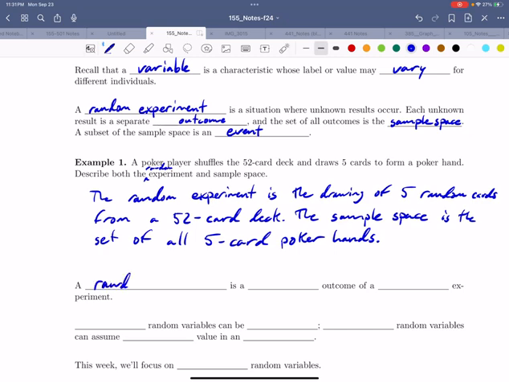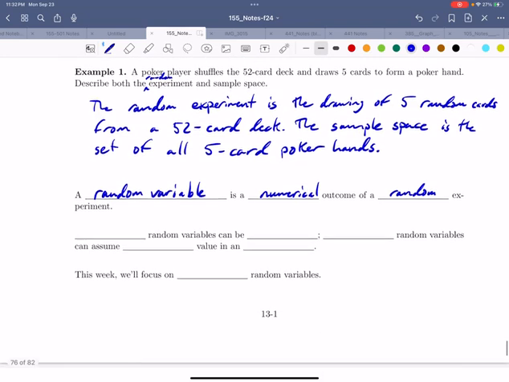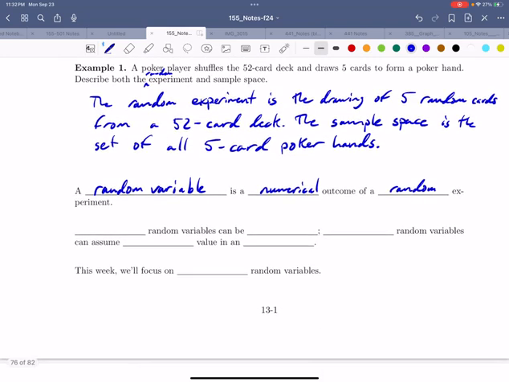Now a random variable is a numerical outcome of a random experiment. Discrete, we're going to recall this from way back earlier, I think SLO1.